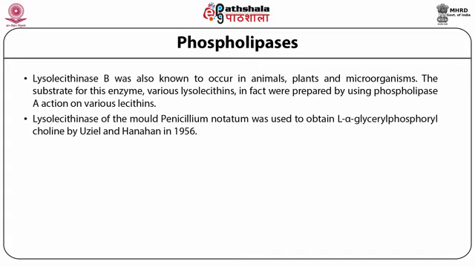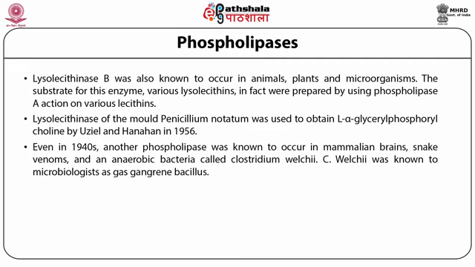Lysolecithinase of the mold Penicillium notatum was used to obtain L-alpha glyceryl phosphoryl choline by Uzil and Hanahan in 1956. The older literature mentions lecithinase B. As protein purification techniques became more powerful, this preparation was actually found to contain both phospholipase A and lysolecithinase.